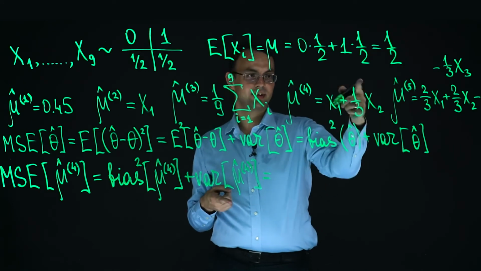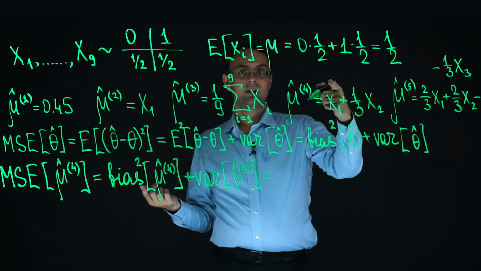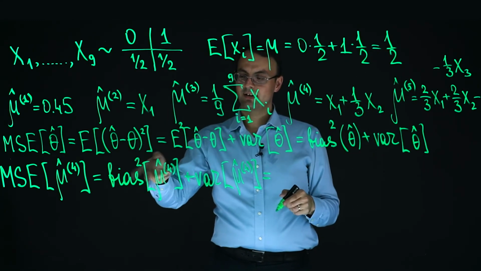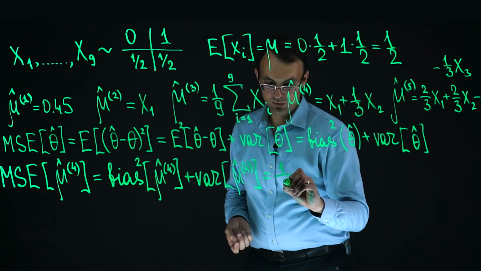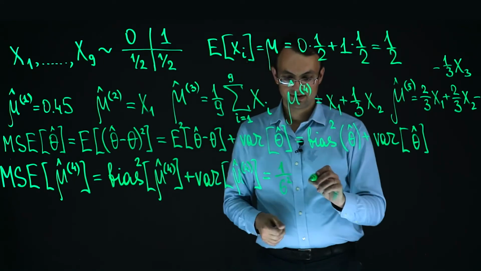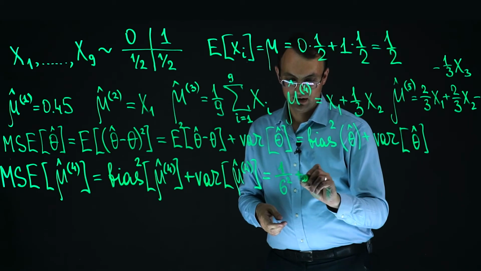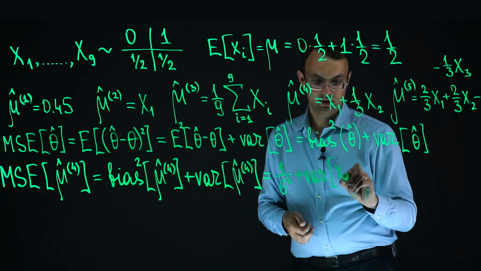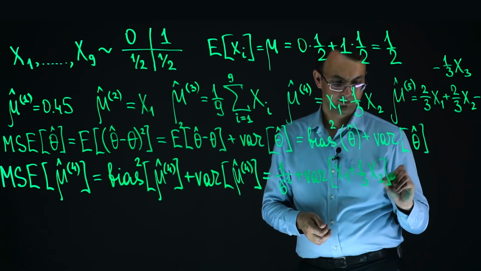We have already found the expected value, it is 2/3, and mu is 1/2, so the bias is 2/3 minus 1/2, that is 1/6. So the squared bias is 1/6 squared. Then plus the variance. The variance of mu 4 is the variance of x1 plus 1/3 x2.